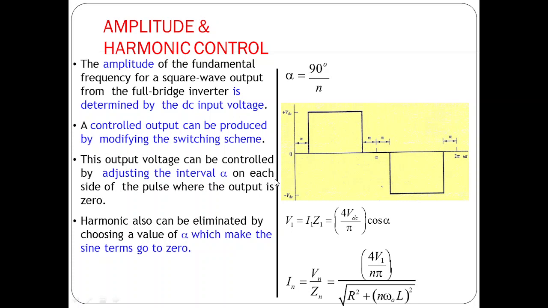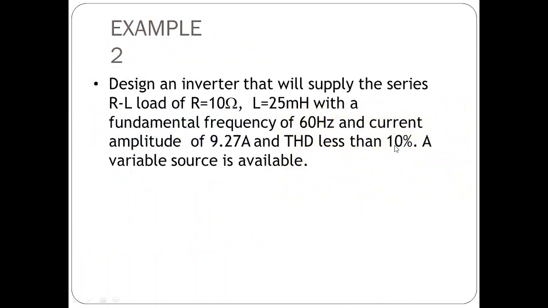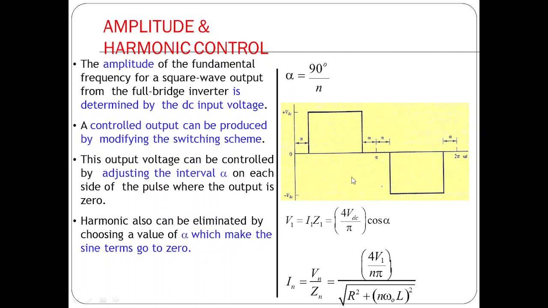This alpha will show you the square waveform here, and after alpha you are applying the same alpha here also, and this particular waveform is seen as a square waveform. Therefore a control output can be achieved by varying the alpha values. Alpha can be varied by the n value, and by varying this n value we can control the output. A control output can be produced by modifying the switching schemes.